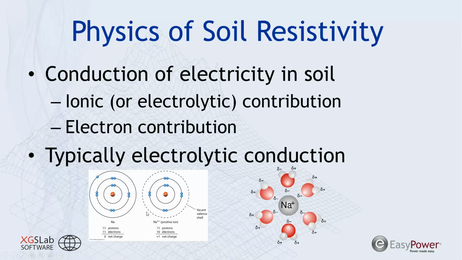But once we drop that sodium atom into water, it really quickly loses its valence electron. And then that atom becomes a positively charged ion. And this is what we're talking about when we're discussing the electrolytic solution or ionic contribution for current flow.